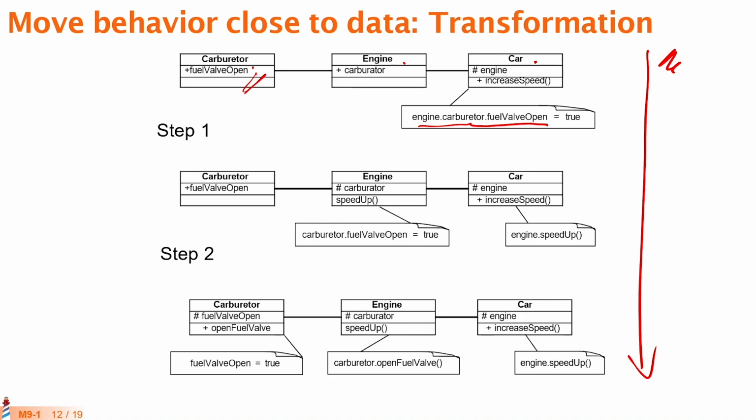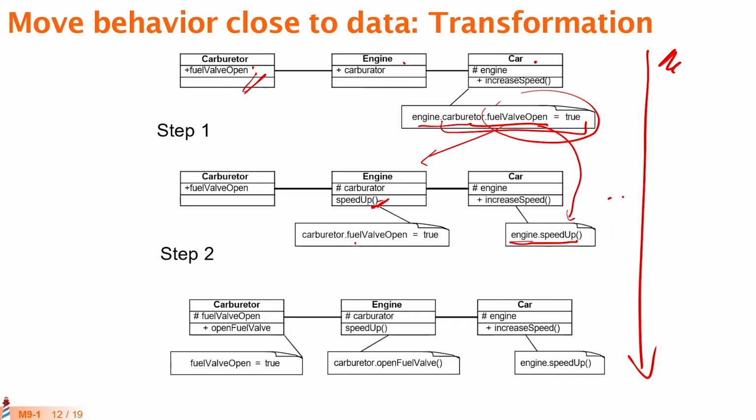So step by step, if we wanted to fix that in a refactoring, we would first move this behavior to the engine, and since the car should only talk to the engine, we are going to transform this whole expression to engine speedUp. So we are going to move behavior close to the data, and like that we move the inner expression in to here.